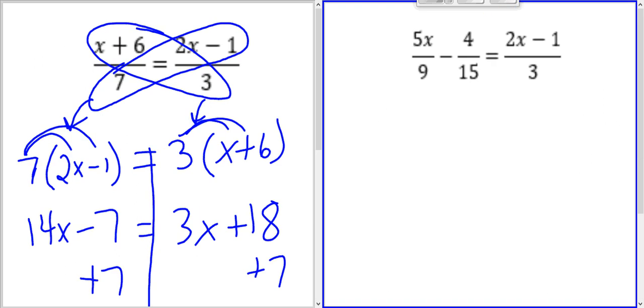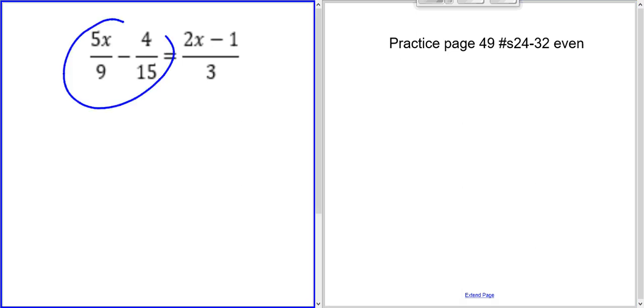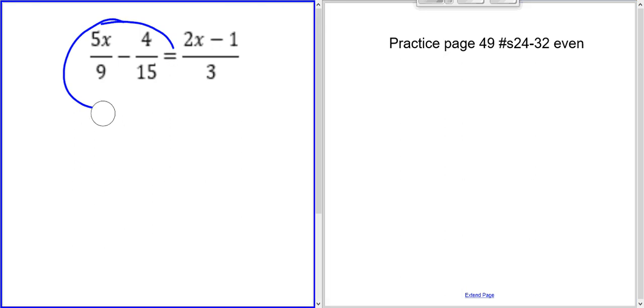Okay, and the last example is this one. So I have 5x divided by 9 minus 4 over 15 equals 2x minus 1 over 3. There's a whole lot going on, but we can handle it just like we did before. Notice there are 2 separate fractions on this side, so I can't use the method that I just used, because that method will only work if you have one fraction on each side.